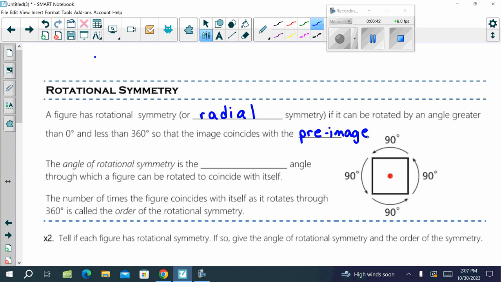An angle of rotational symmetry is the smallest angle through which a figure can be rotated to coincide with itself. So how many times can you rotate it and it look identically the same? The number of times that figure can coincide with itself, the number of times it looks identical to itself, is called the order of the rotational symmetry.